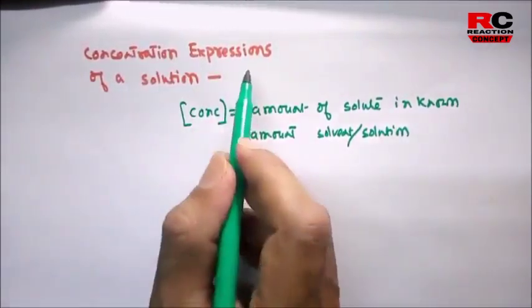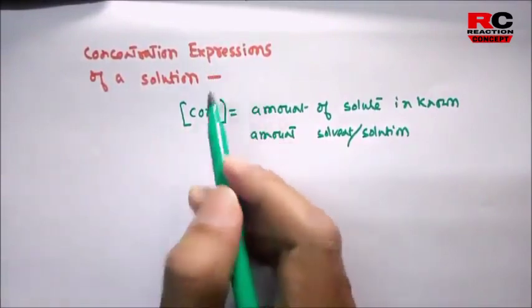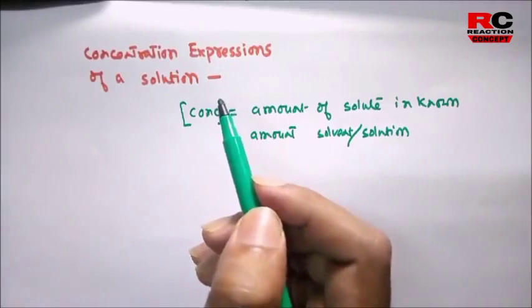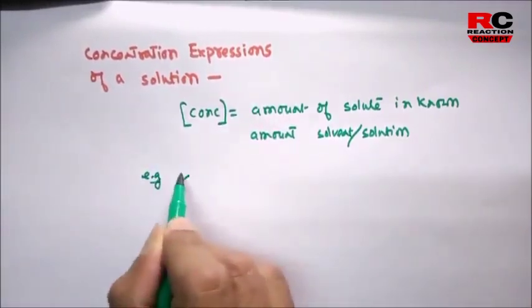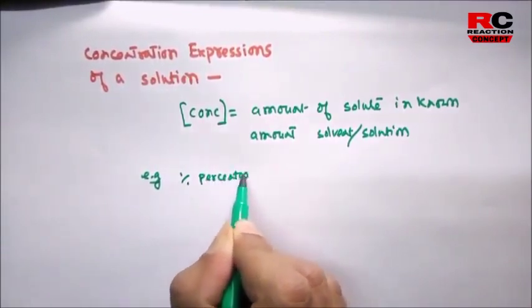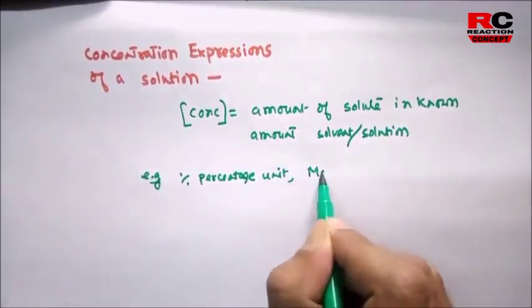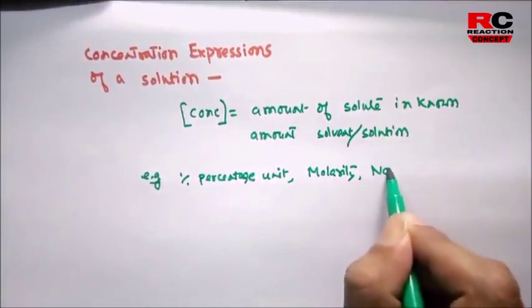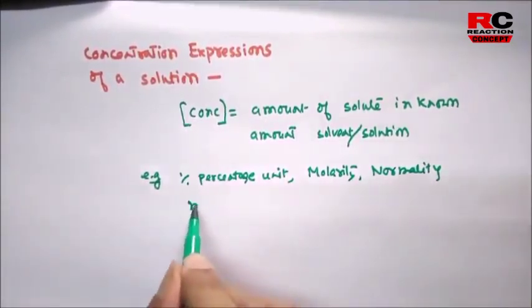This concentration is expressed in terms of various factors. Concentration can be expressed in various expressions. For example, you can express it as percentage unit, in terms of molarity, in terms of normality, molality.